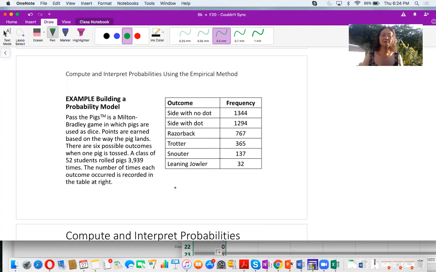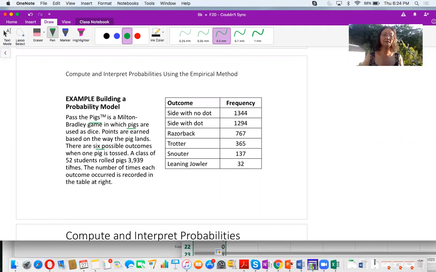All right, let's look at this example. Pass the Pigs is a Moulton Bradley game in which pigs are used as dice. Points are earned based on the way the pig lands. There are 6 possible outcomes when one pig is tossed.